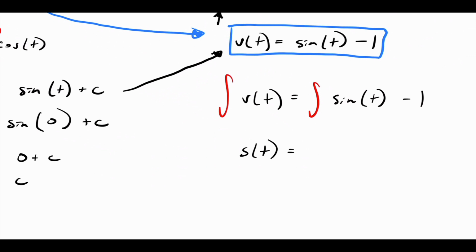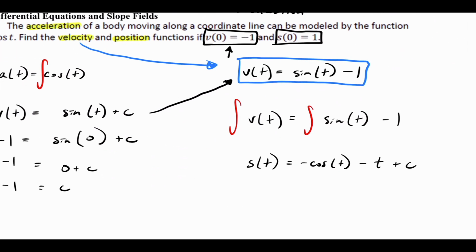The antiderivative of sine is negative cosine. The antiderivative of -1 is negative t plus c. Okay. That's the general solution for position. But they want me to plug in 0 now for t.